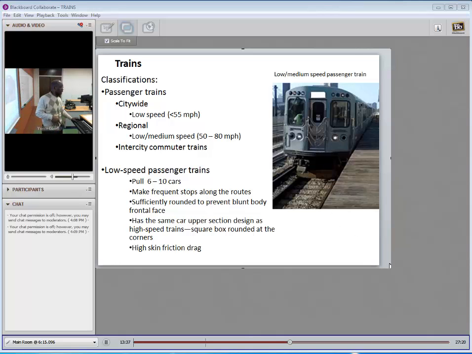And it has a high skin friction because of its design. Generally, the skin friction is high, and the drag at the speed at which it's going is little.